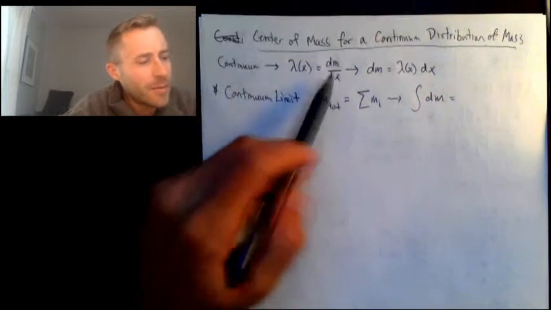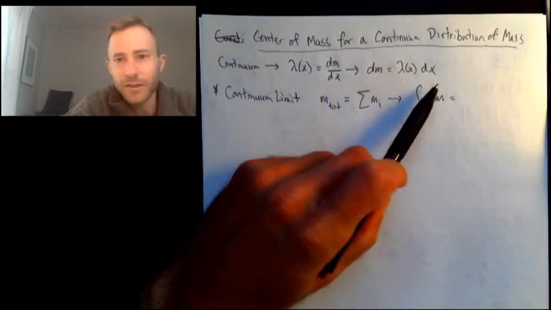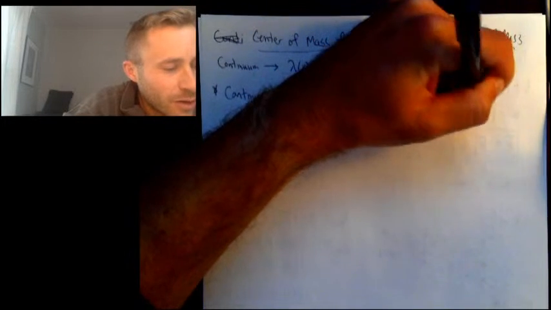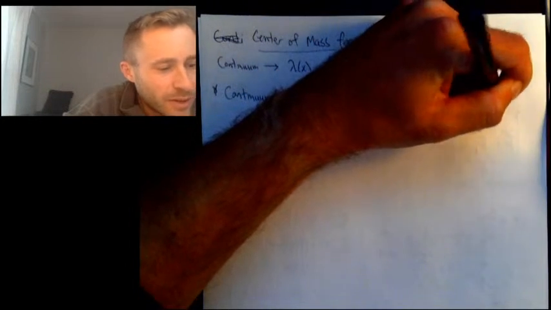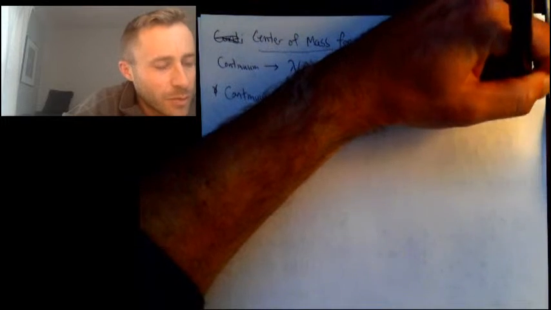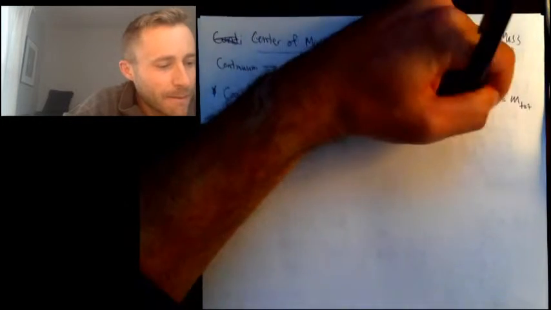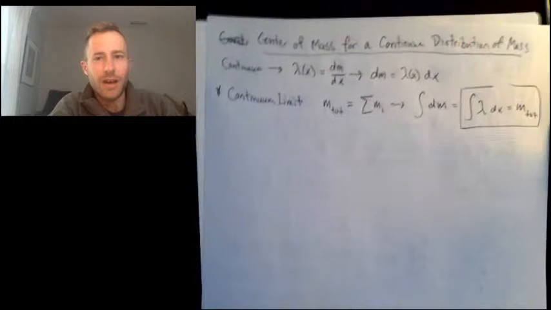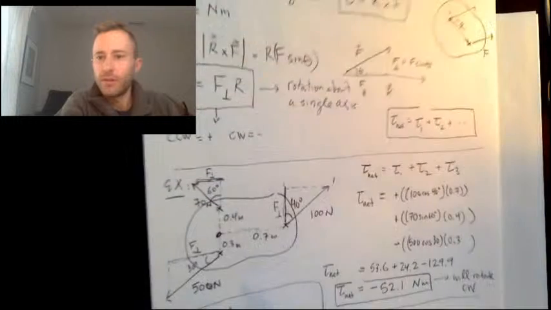Now, dm is equal to lambda dx. So the total mass is the integral of lambda dx. That's the total mass of the thing.